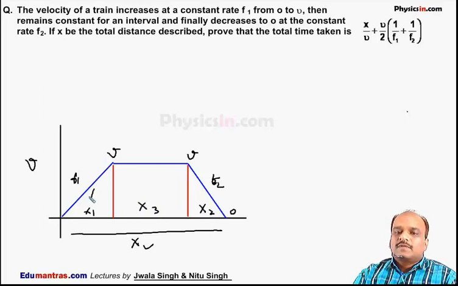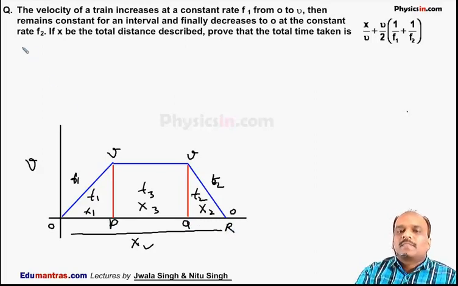Let this time be t1, let this time be t3 and let this time be t2. Now let this point be O, here the speed is 0, let this point be P, let this point be Q, let this point be R.